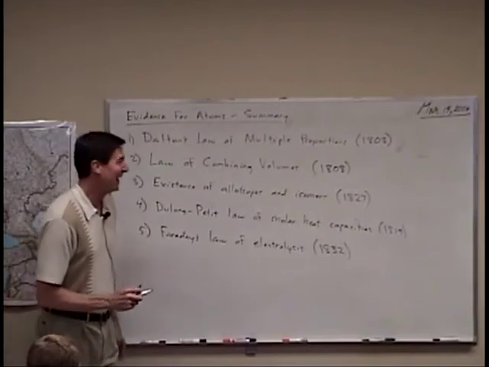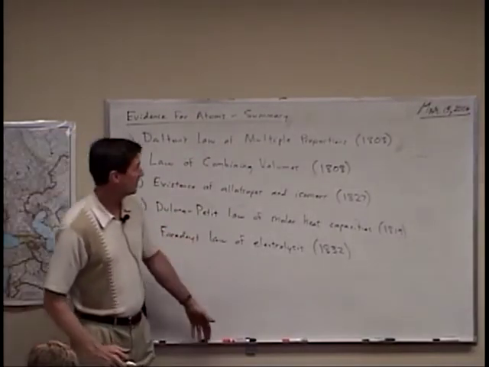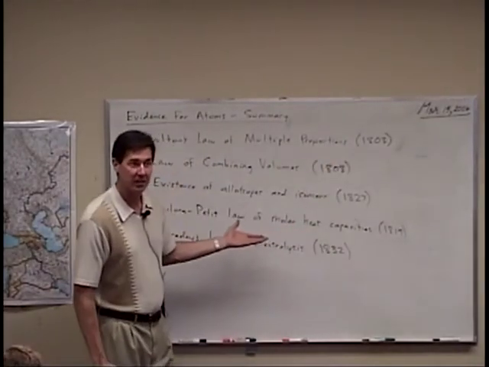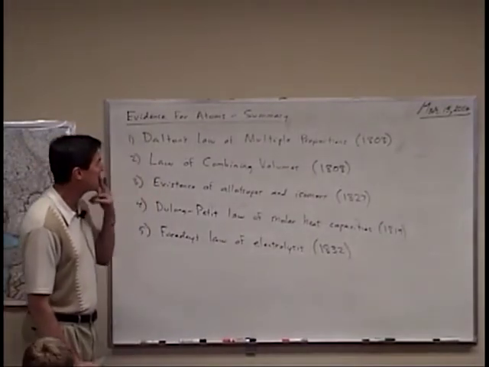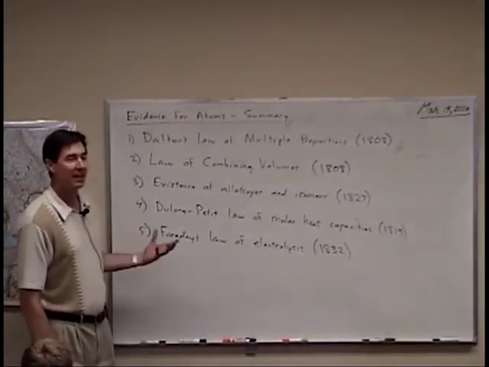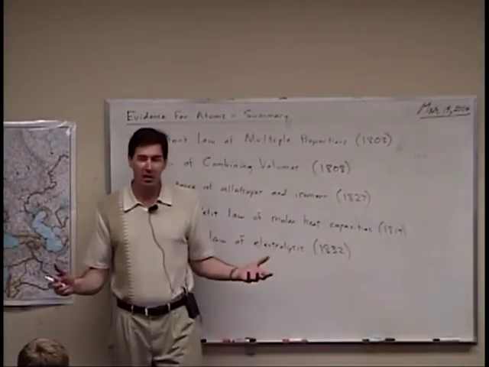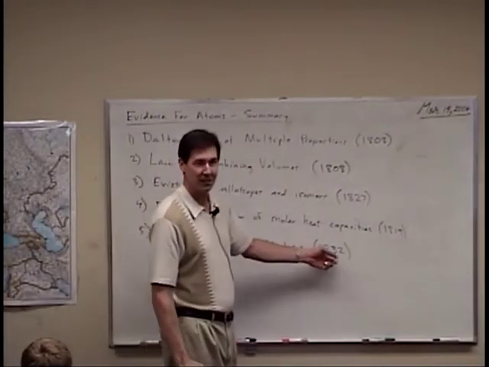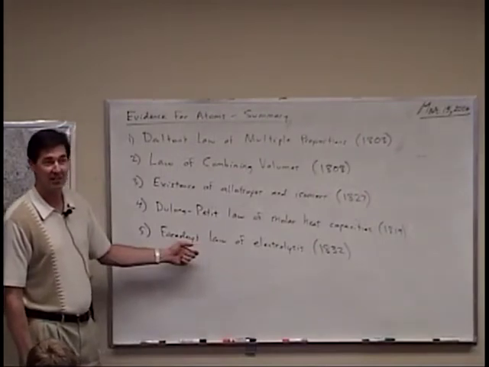Now notice, all of these major discoveries are taking place within a span of 30 years at the beginning of the 19th century. So at the turn of the century in 1800, there's virtually no evidence for atoms. 30 years later, they've already got a pretty solid case going, right?